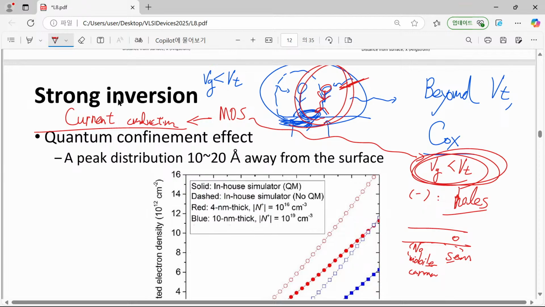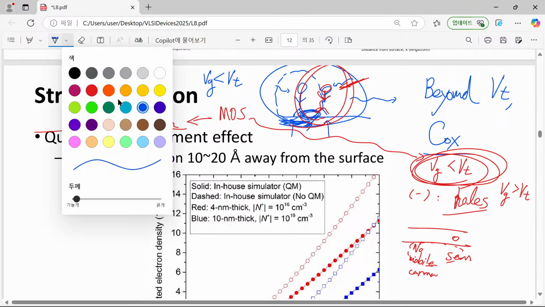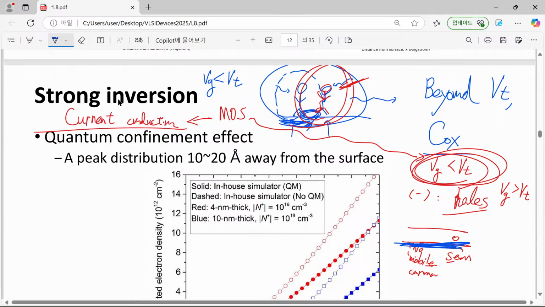So we are using this condition to shut down our devices. But if we go to a gate bias higher than the threshold voltage, then we have a very high density of electrons and they can move. So they can be used to conduct current. So by using these electrons, we introduce current conduction.